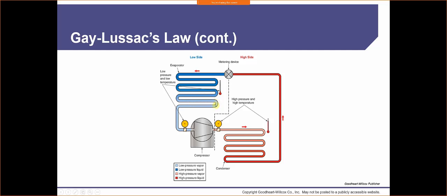We're going to finally get to the point where we start to call this a superheated vapor, and we're going to reach our compressor. Our compressor is going to, like the name implies, compress, squish the refrigerant.